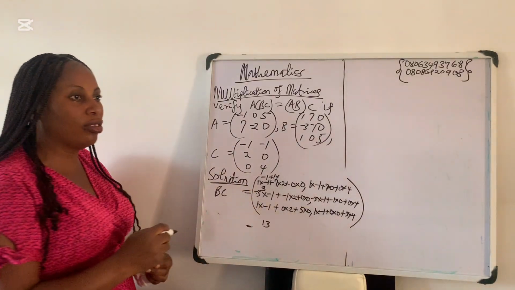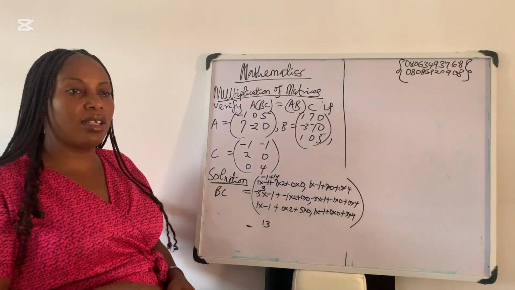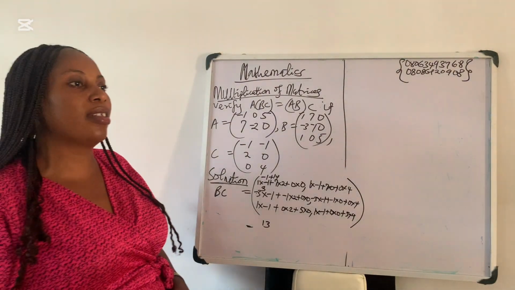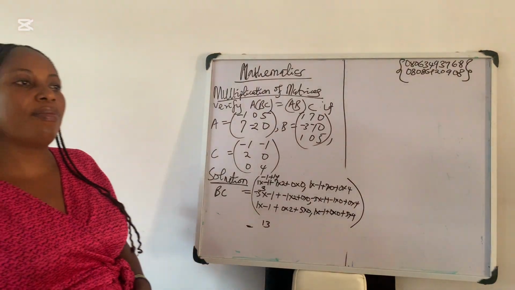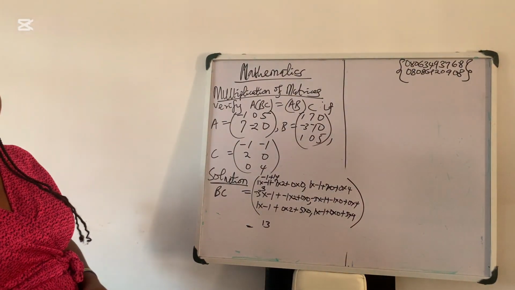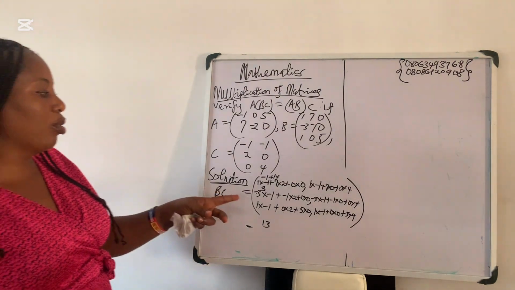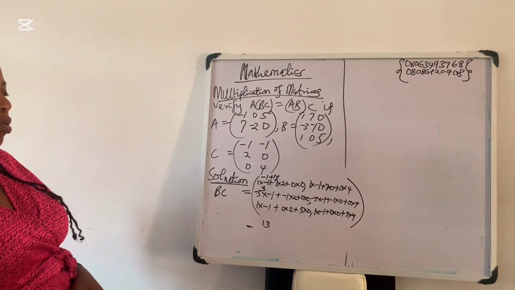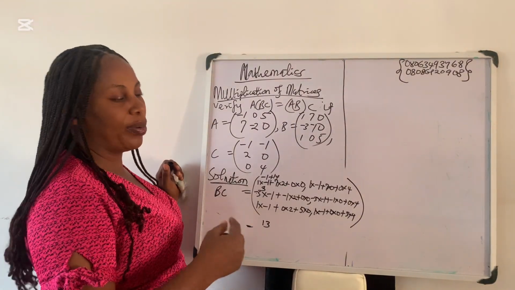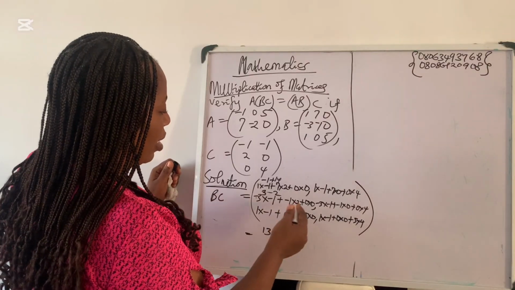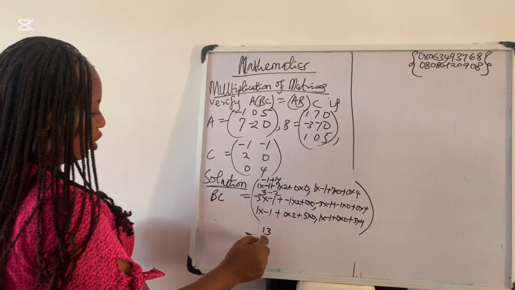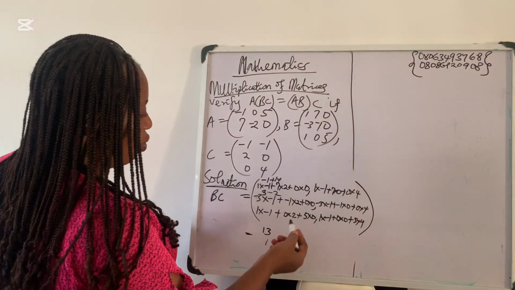We were told in elementary mathematics that minus times minus is plus, and minus times plus is minus. So minus 3 times minus 1 is plus 3, and minus 1 times 2 is minus 2. Here is 0. So by implication, our answer here should be 1, because 3 minus 2 is 1.